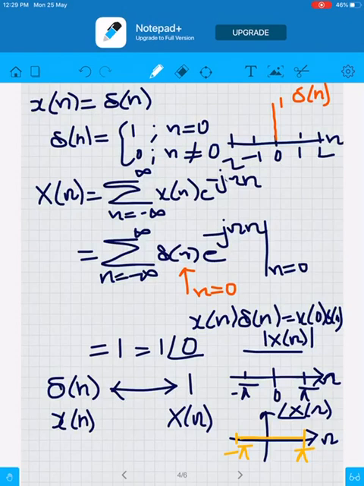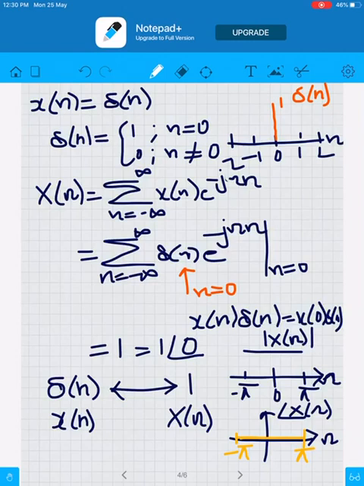Another concept that I need to include here is that in the time domain you can see that the support of the signal is very narrow. It is present only at n is equal to 0, so it is very much compressed in the time domain. What is the corresponding representation in the frequency domain? It has a magnitude from minus pi to plus pi, and phase is 0 from minus pi to plus pi. It exists for all possible values of omega from minus pi to plus pi, so it is expanded.